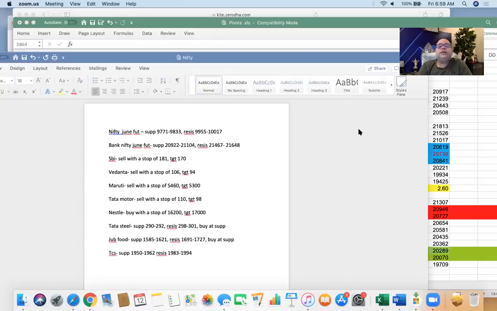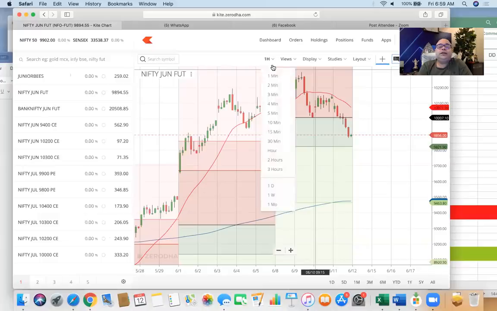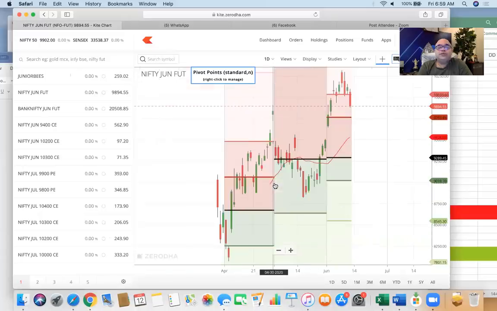So from a very positional sort of perspective, what I want to do is wait for the market to exhaust, and it may not exhaust today.